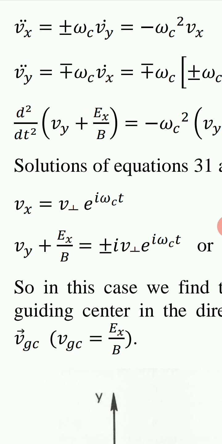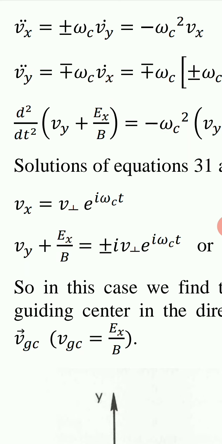And we can add here with Vy, Ex upon B. We write in place of Vy, Vy plus Ex upon B. We can add this term Ex upon B, because Ex upon B is constant and its differentiation gives 0.